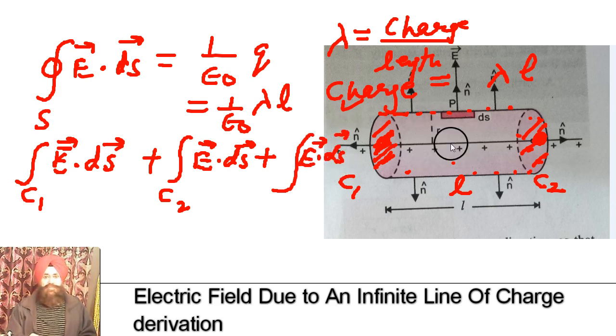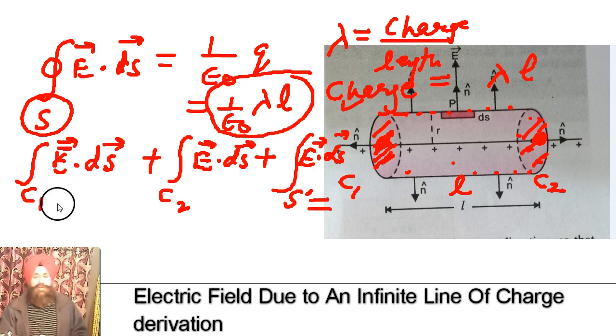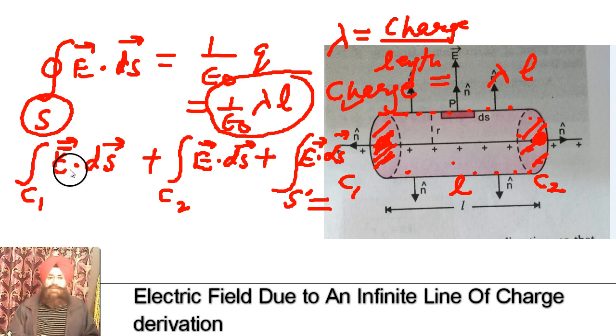I call the curved surface of the cylinder S dash, because S is for the total surface. The total surface having three subparts, C1, C2 and S dash, is equal, by Gauss theorem, to 1 over epsilon naught into lambda L.